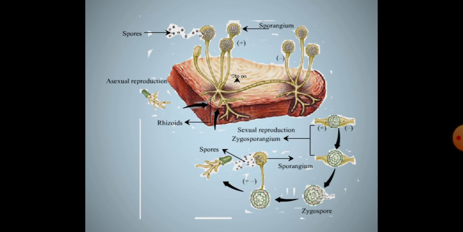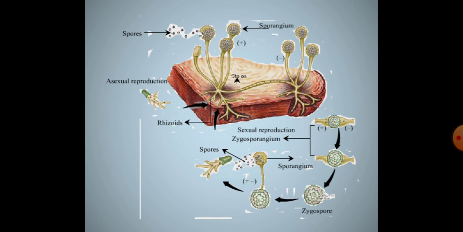This is the life cycle of Rhizopus stolonifer. You can see a slice of bread having this mold growing on it. And three types of hyphae are visible: root-like rhizoids, stolon hyphae that are growing on the substratum in order to spread the mycelium, and vertical hyphae, the sporangiophores, which bear sporangia or spore bags at their tips.